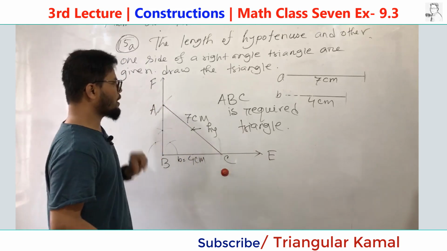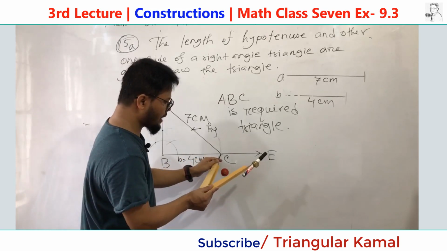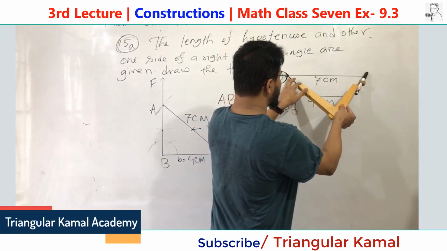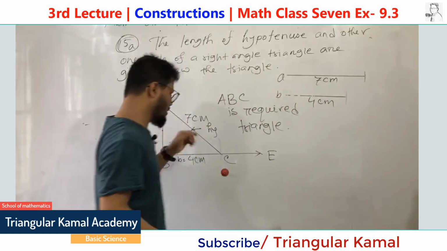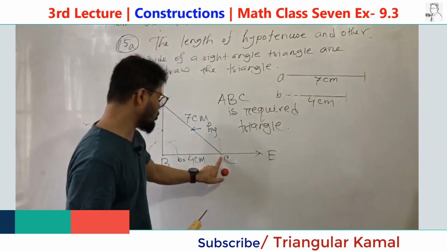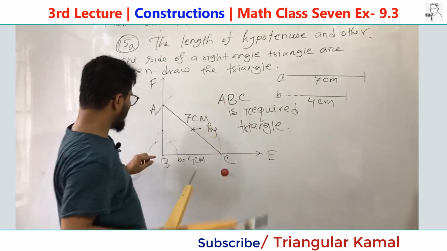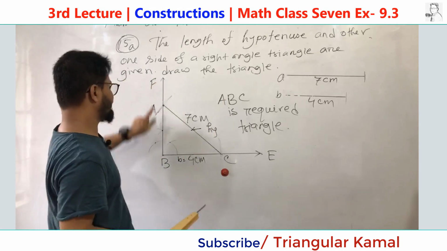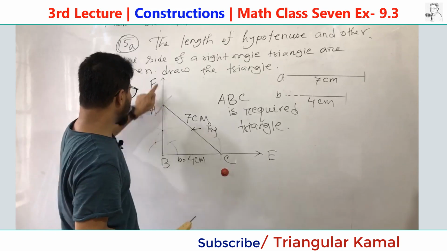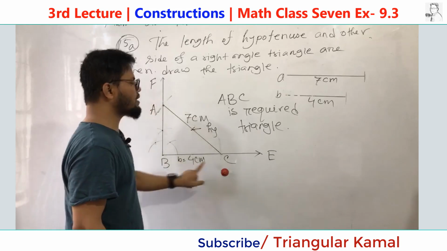And now taking C as a center and radius 7 centimeters, place C as the center, then draw an arc on BF which intersects BF at the point A. Now join A and C. That is ABC is the required triangle.